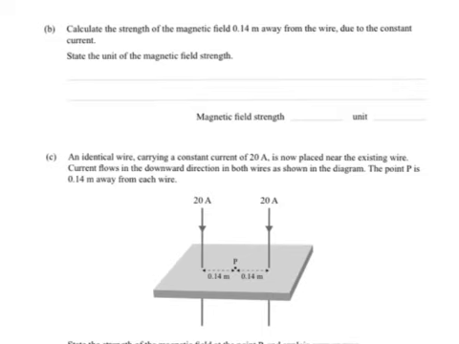B. Calculate the strength of the magnetic field 0.14 meters away from the wire due to the constant current. Remember, the current was 20 amps. So that's two pieces of information.